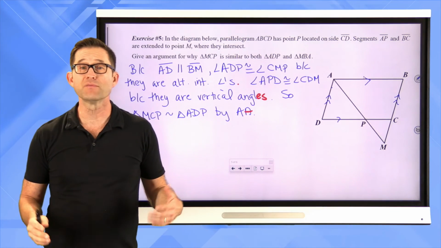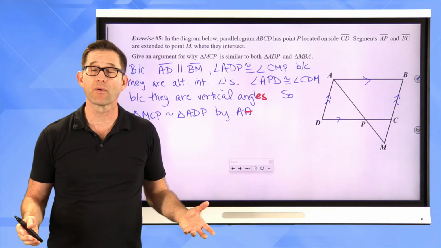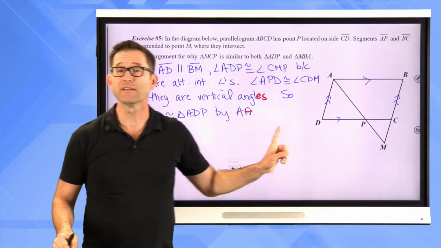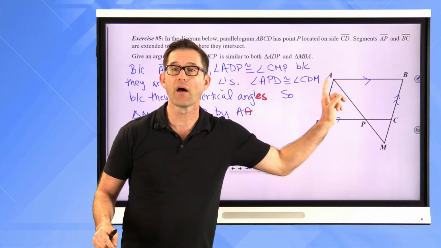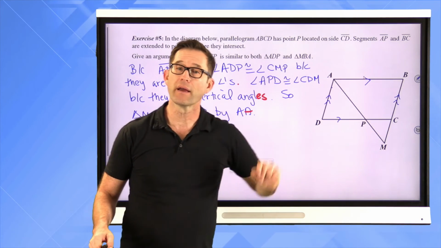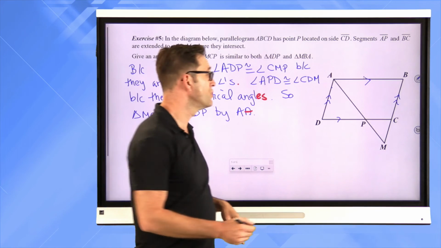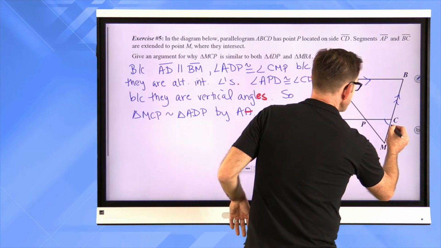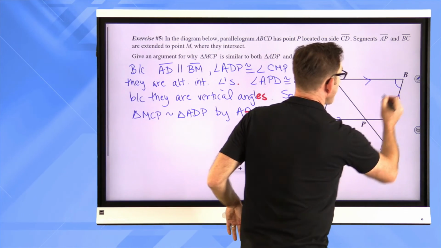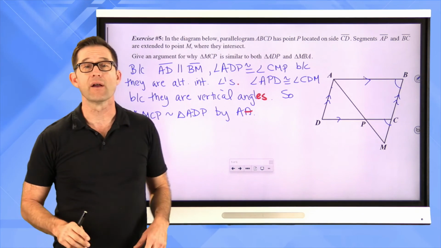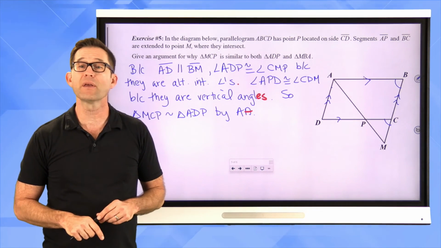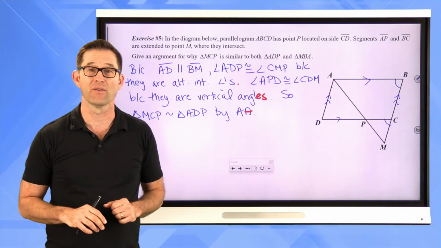Now again, there are many ways to do this. One way is by noting that I've got a parallel line here and a parallel line here. And because those two lines are parallel, this angle would have to be congruent to that angle, not because they are alternate interior angles, but because they are corresponding angles.